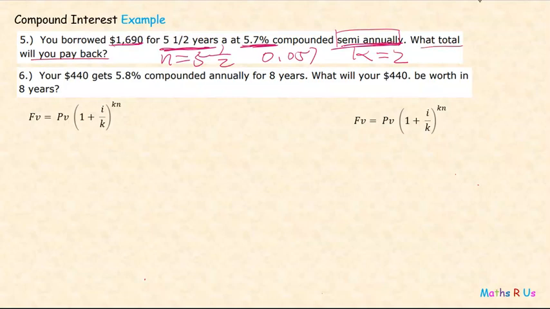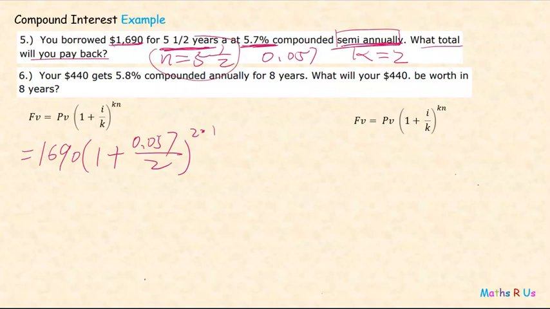So it will be equal to 1,690 times 1 plus the interest rate 0.057 divided by your k, which is 2. And then k times n, 2 times n. What is your n? It's in here, 5 and 1 over 2. 5 and 1 over 2 equals 11 over 2.